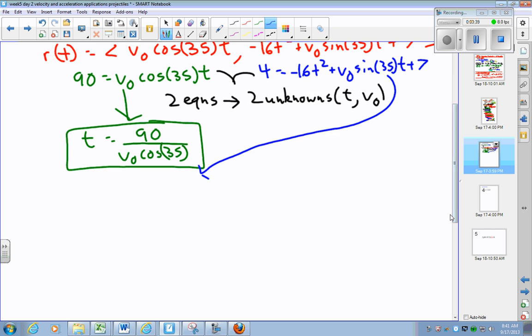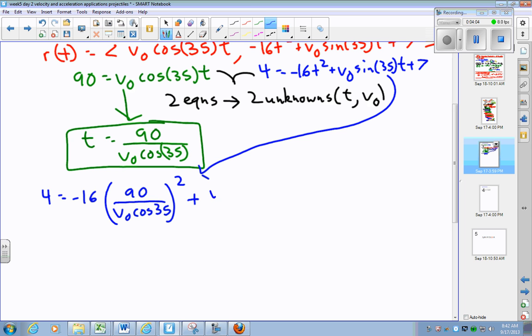Okay, so I got 4 equals negative 16t squared plus, well, let me not say t squared. Just plug it in this way. Negative 16 times 90 over v naught cosine of 35, squared.